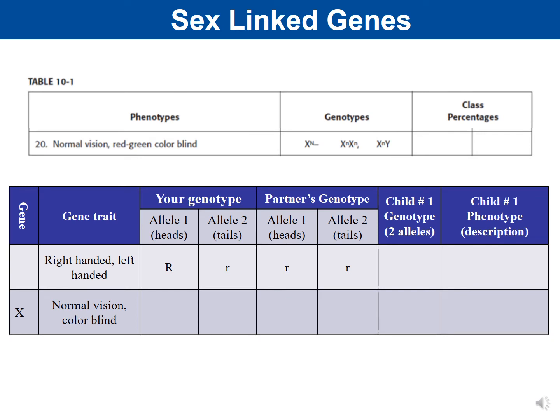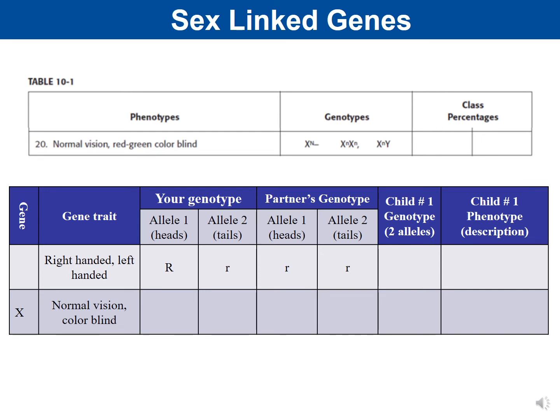So what you're going to do on your table for sex-linked inheritance is you are going to circle your phenotype. So normal vision means that you can distinguish between the colors. You can Google other examples of images for determining color blindness, or you can use the ones that are in the PowerPoint.